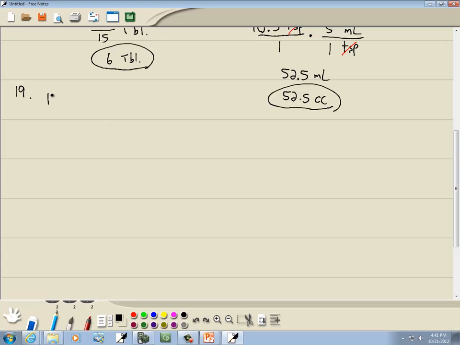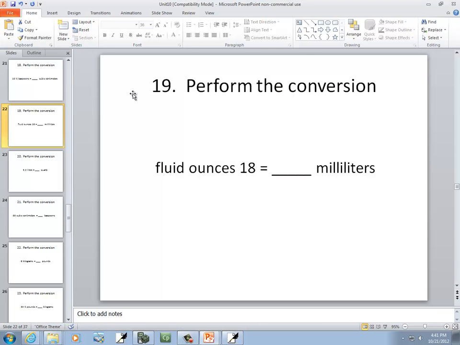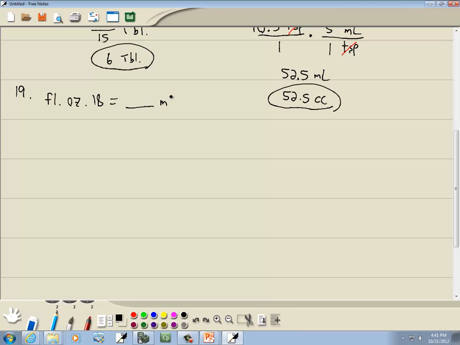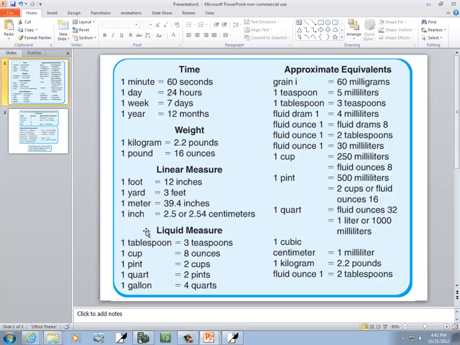So fluid ounces, 18 equals blank milliliters. Okay, so we've got 18 fluid ounces here. We'll put over 1. If that's fluid ounces up there, we have to have fluid ounces down here. Hopefully there's some kind of tie between fluid ounces and milliliters. Let's go look.